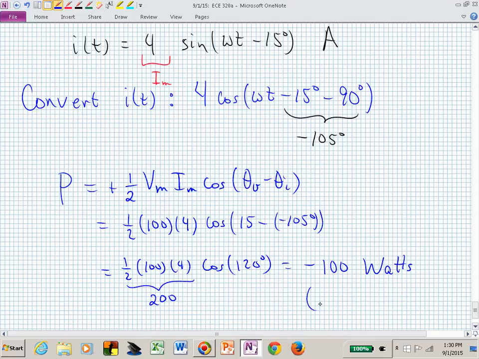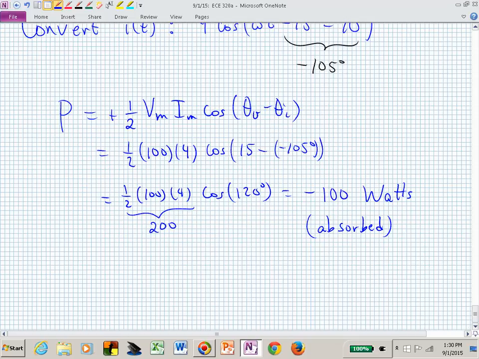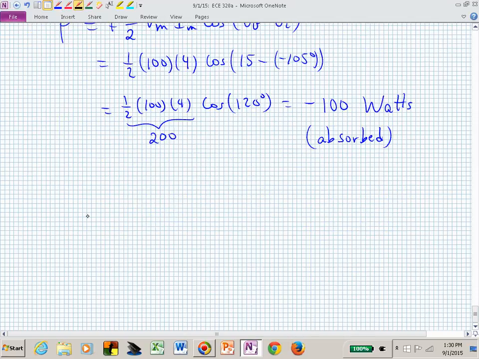And by the sign convention that we had started with, that's absorbed power, which really means that that two-terminal element is supplying 100 watts to the rest of whatever it's connected to. What about the reactive power? Now we have all of the pieces.